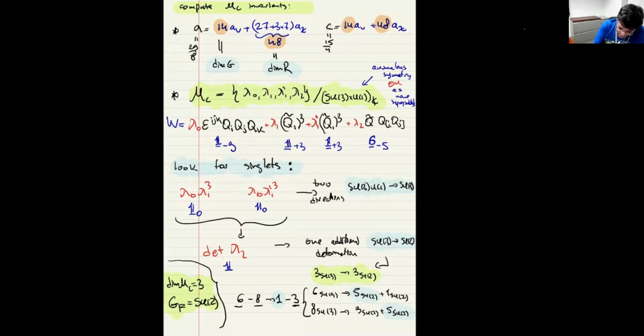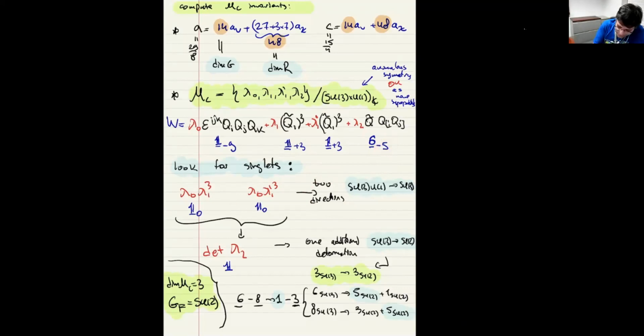The remaining coupling that you have is lambda 2, which is in the 6-dimensional representation of the SU(3) symmetry group. We now can think of going on this 2-dimensional conformal manifold, where we have already broken the U(1) symmetry, so we should not worry about it.